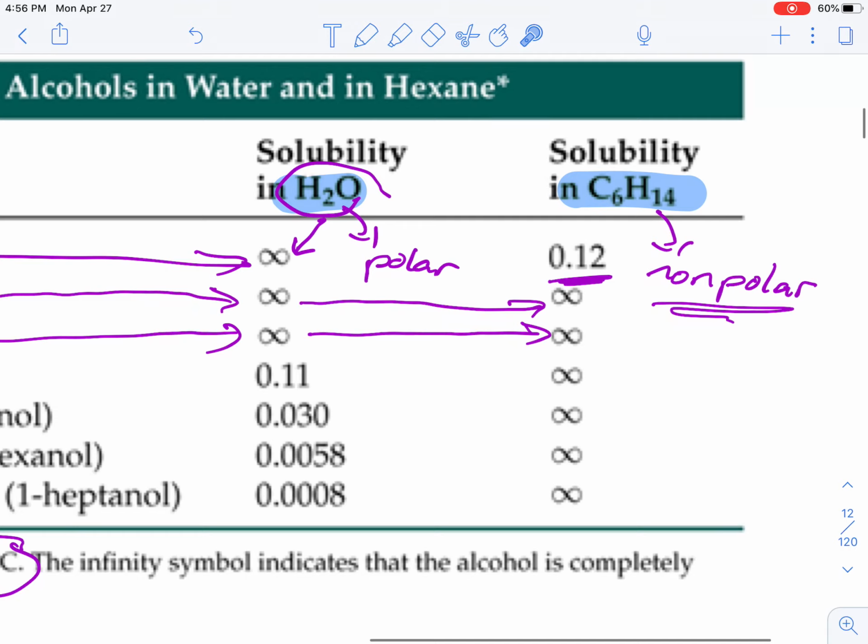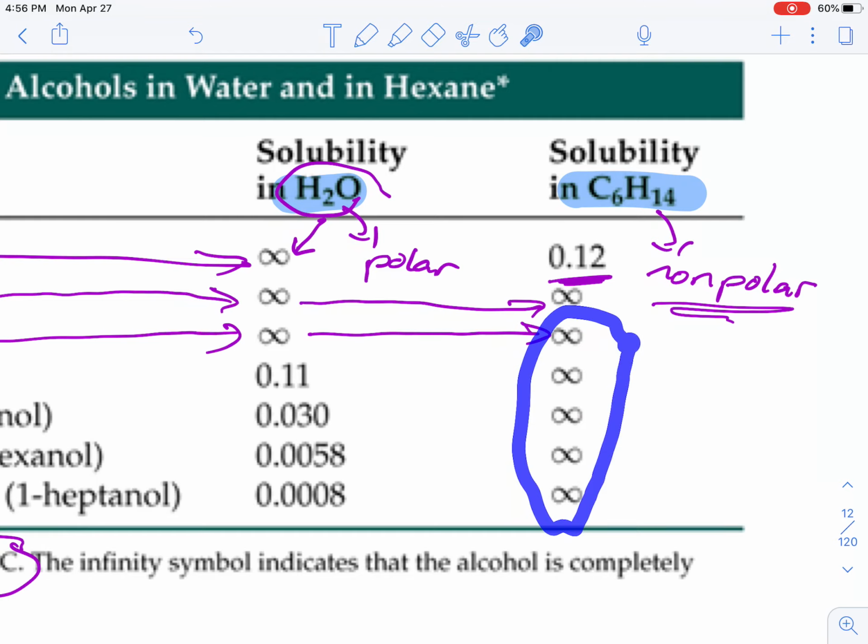However, since we're increasing the nonpolar character of that specific alcohol, it can be dissolved very readily in a solvent that's nonpolar.